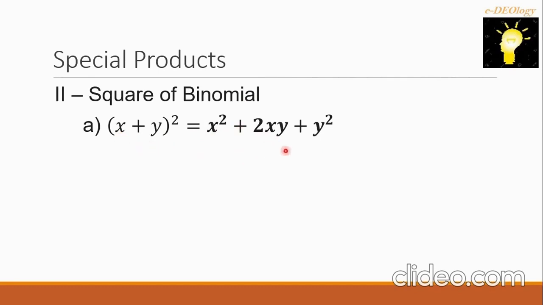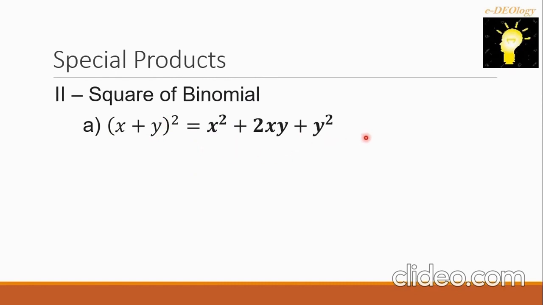So this is xy. And the y squared here is the square of this y, the second term of our binomial. So that is y squared. So again, when we square a binomial, the answer will be three terms, and this answer is x squared plus 2xy plus y squared.